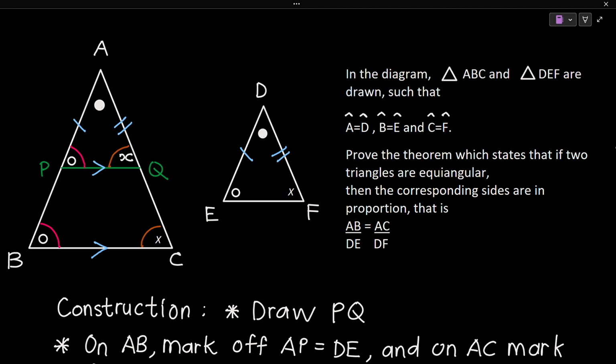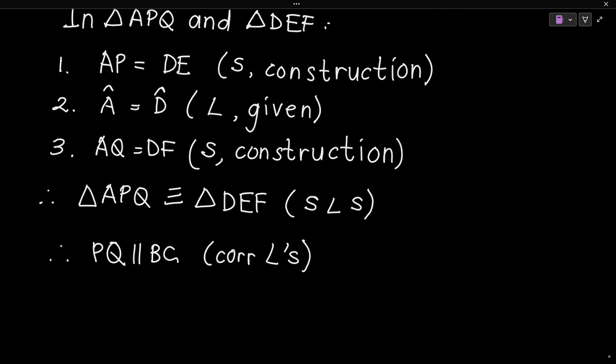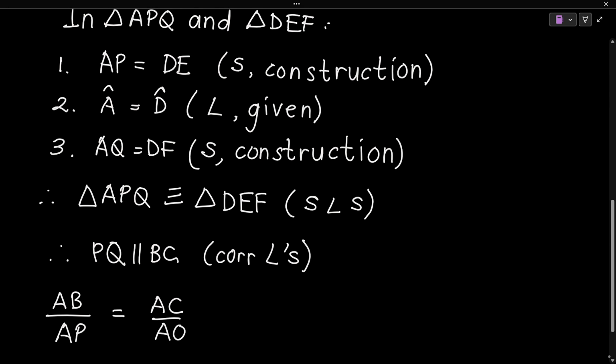And on the right-hand side, we are going to take AC over the shorter side, AQ. So let's mention that as a starting point. We are going to say AB over AP is equal to AC over AQ.